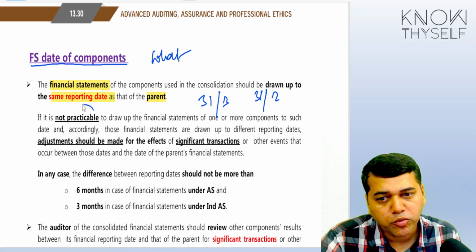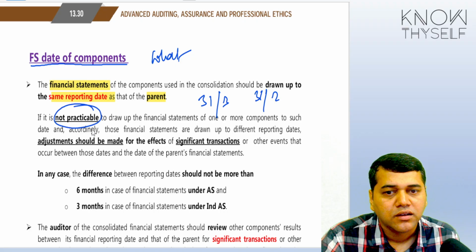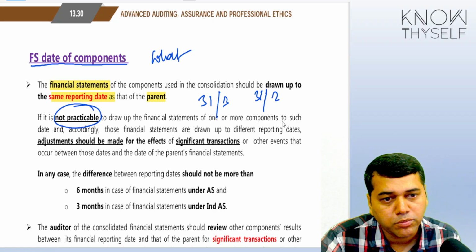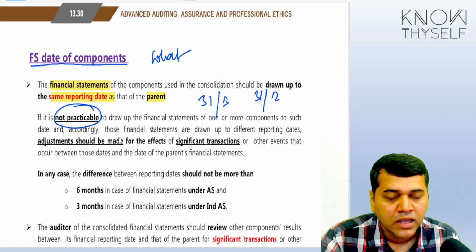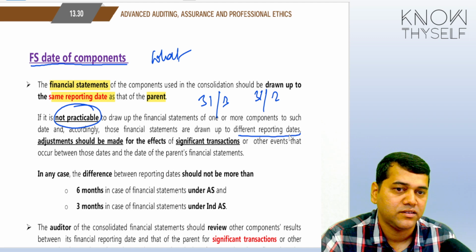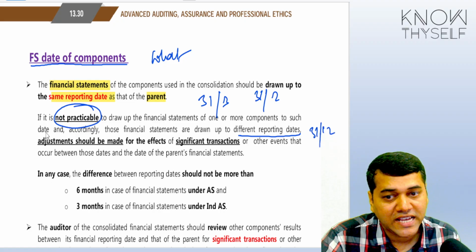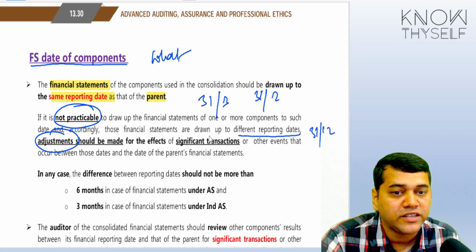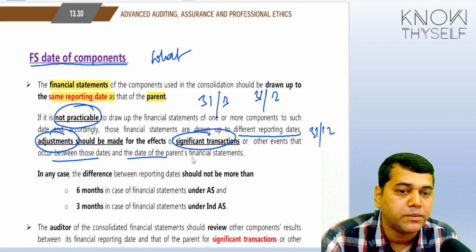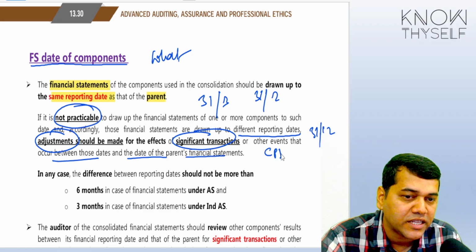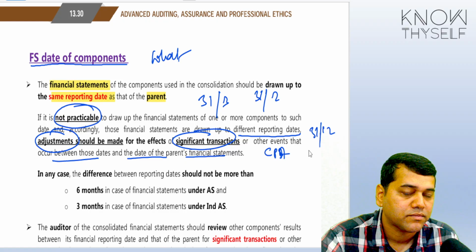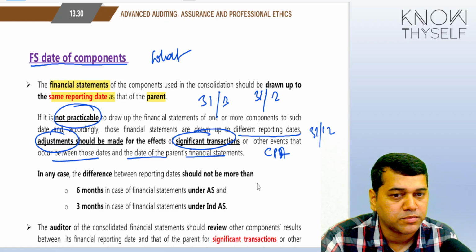However, it may not be practicable to draw up the financial statement of one or more components on such date. Accordingly, the financial statements are drawn up to different dates. That means somebody could be on 31st December. In such cases, adjustment should be made for significant transactions and events that occur between the date of the component and the date of the parent. This also becomes your current period adjustment.